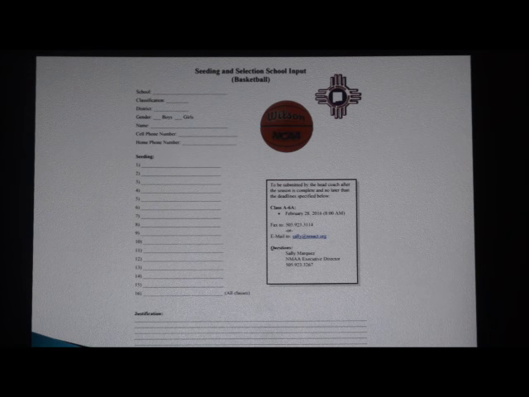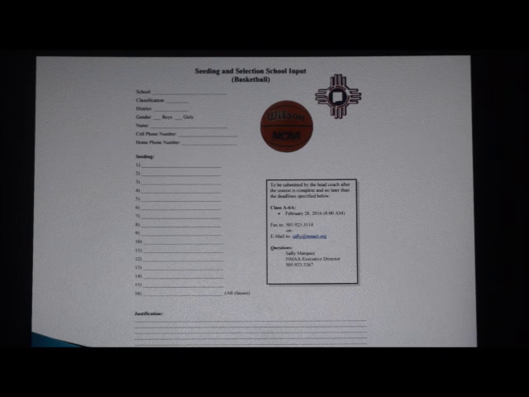Ironically, when a school does not have a very good season, we tend not to get this form. Now, this form is needed whether you think you're going to make the tournament or not. We need to turn in this form because it would have an impact on the seeds for the state tournament.